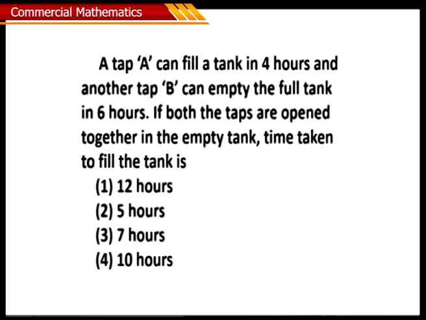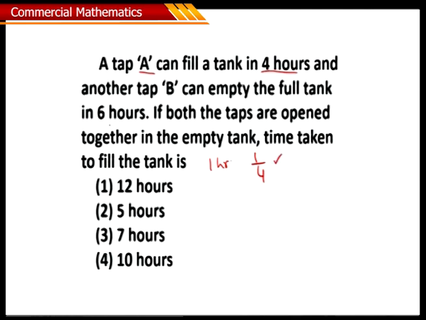Here you observe, one tap is filling the tank and the other is emptying it. Now, how do we do this? First of all, if you consider a tank, what happens? Tap A can fill it in 4 hours, which means in 1 hour, 1/4 of the tank is filled.